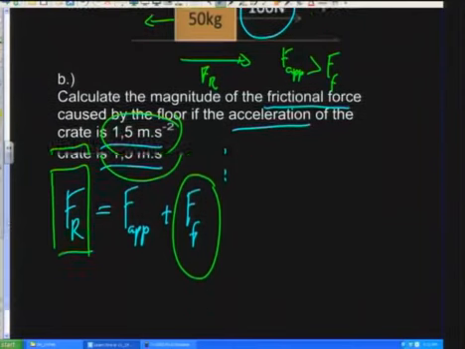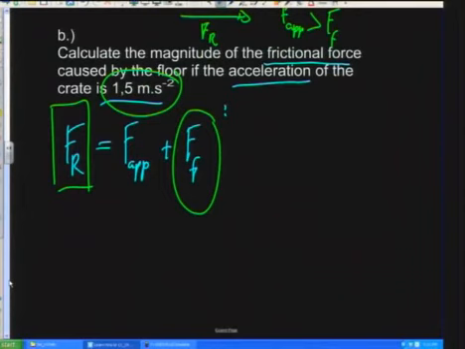Okay, so let's do the calculation now, and let's work out what the frictional force is. So we're going to say this is mass times acceleration. This is 100 newtons. This one we don't know. We know that it's going to have a negative answer because it's in the opposite direction.